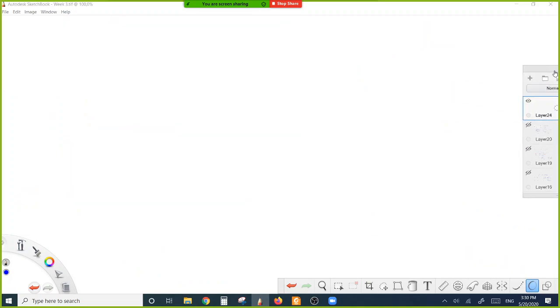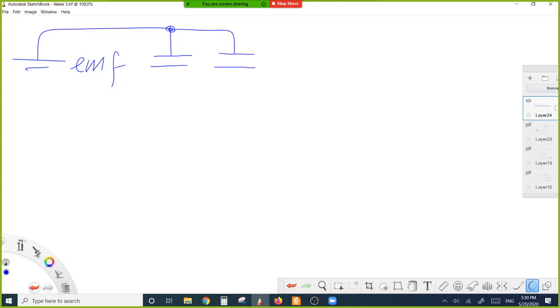let's redraw our circuit. We draw the equivalent circuit of our previous circuit. This is the electric motive force, and here we have one capacitor and here we have another capacitor. Two capacitors are connected in parallel, so this is C1, this is C2.